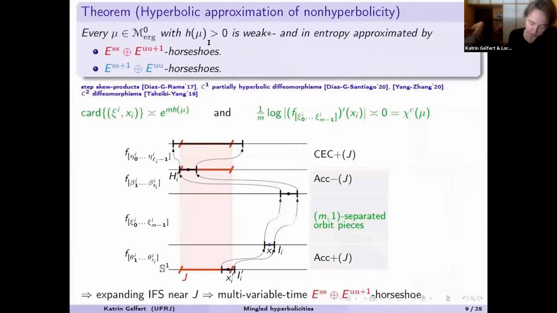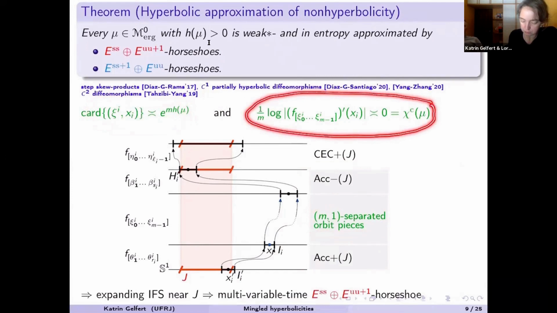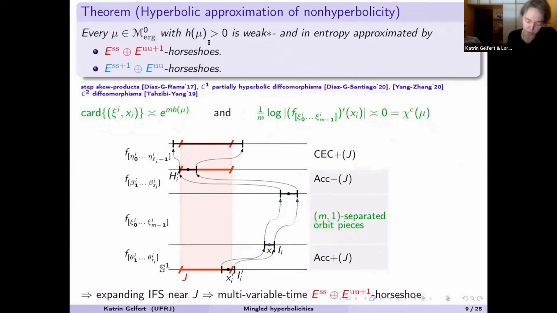A skeleton is just a bunch of separated orbit pieces, which are epsilon separated, and which are pieces of orbits of generic points for our non-hyperbolic measure, whose cardinality grows like entropy, and whose finite time Lyapunov exponents are approximately the Lyapunov exponent of the ergodic measure, so equal to 0.